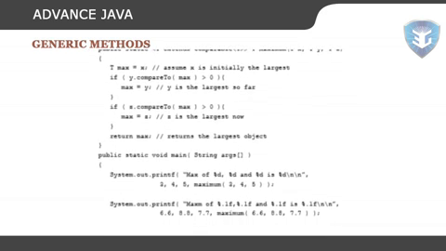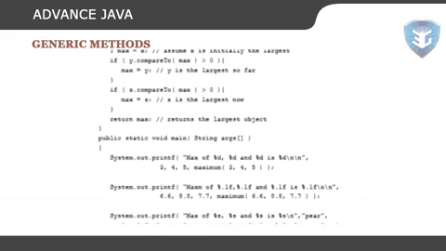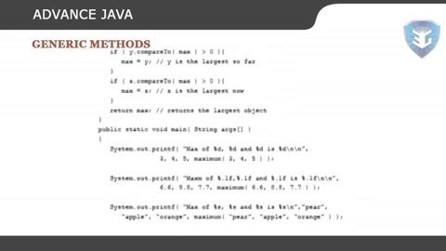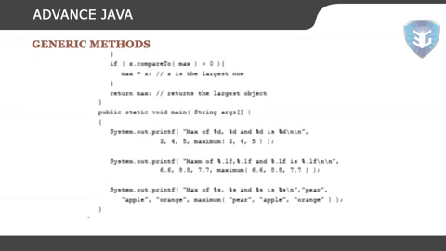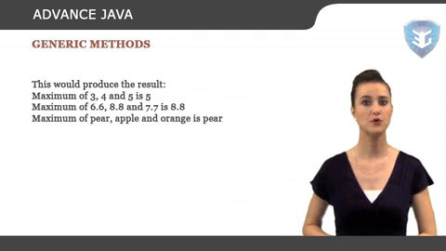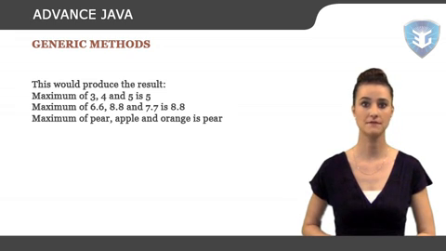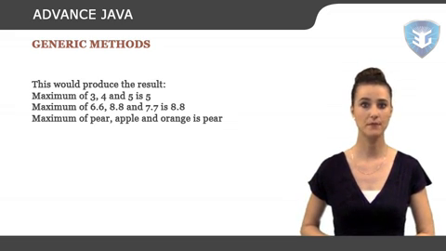Let's see an example of a generic method to return the largest of 3 comparable objects. This example illustrates how extends is used in a general sense to mean either extends, as in classes, or implements, as in interfaces. This would produce the result: Maximum of 3, 4, and 5 is 5. Maximum of 6.6, 8.8, and 7.7 is 8.8. Maximum of pear, apple, and orange is pear.